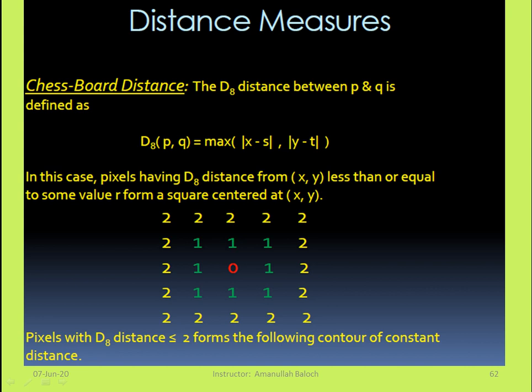This is a square type of pixel position values. This is the central pixel 0, and what is the distance of this pixel from the origin?